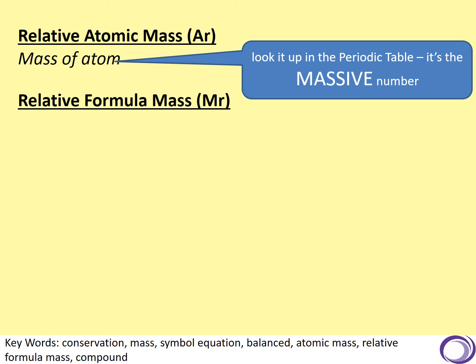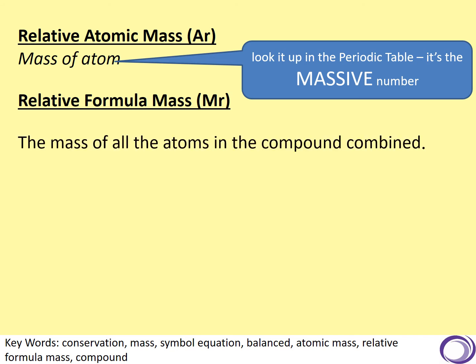But there is another term that's used regularly in chemistry, which is the relative formula mass. And again, it has an abbreviation, capital M with a subscript R next to it. And what it is, is the mass of all of the atoms in the compound combined together. So for example, magnesium chloride, we know, is made of a magnesium atom and 2 chlorine atoms, chemically bonded together.